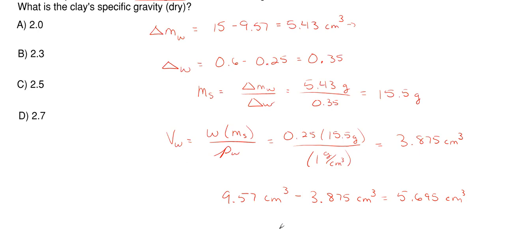So our overall density of the solid is going to be rho equal to 15.5 grams divided by what we just determined as 5.695 cubic centimeters. And that gives us 2.72 grams per cubic centimeter.